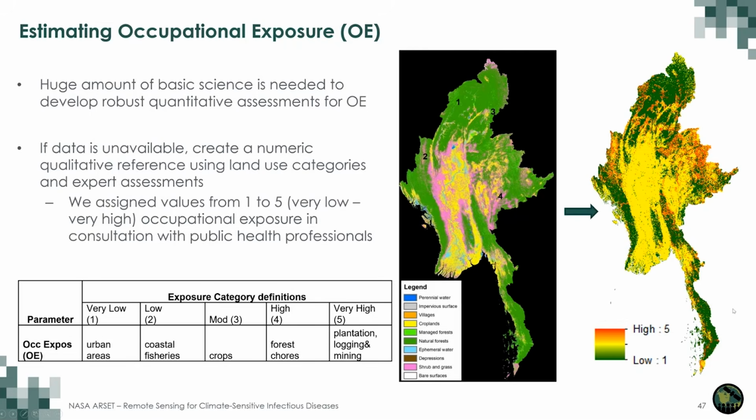And we're able to create this map, combining our base map with the qualitative categories to create the occupational exposure risk ranging from 1 to 5.